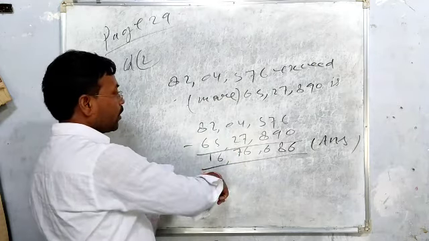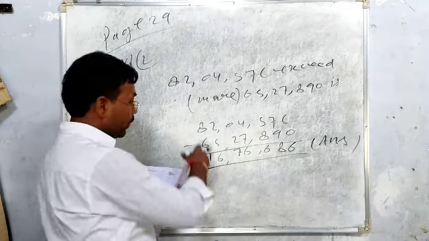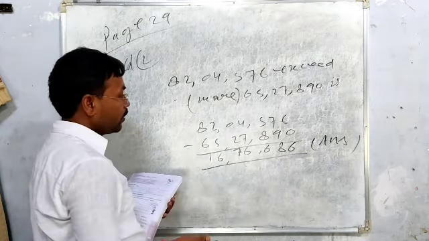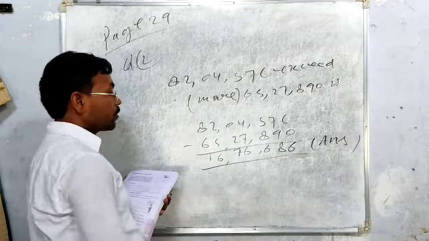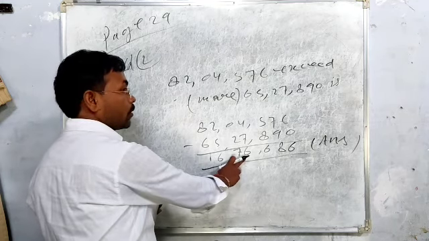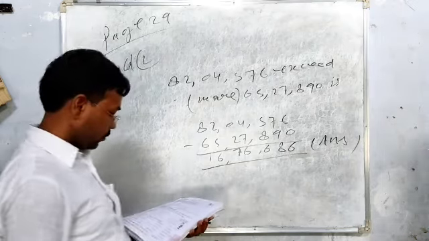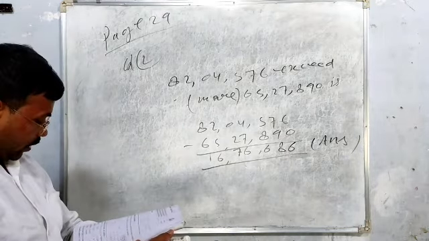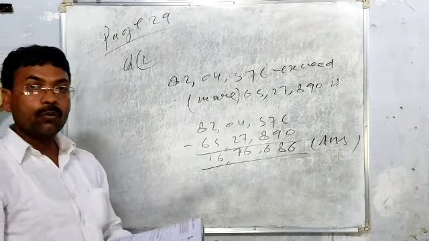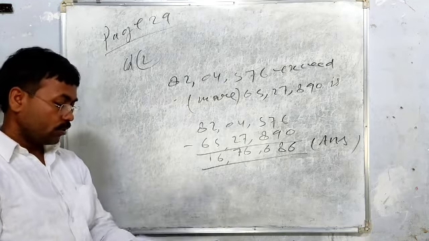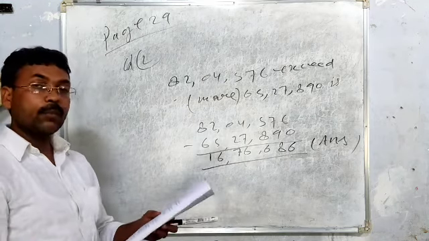We will arrange the numbers. The greater number we write on top, the smaller number below, arrange in columns, and after that subtract. The answer becomes 16 lakh 76,686. And question number 3 you can do by yourself. I am going to do page number 30, so please open page number 30.